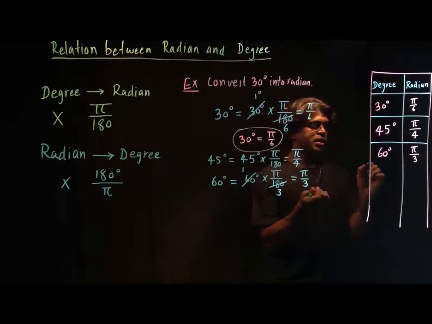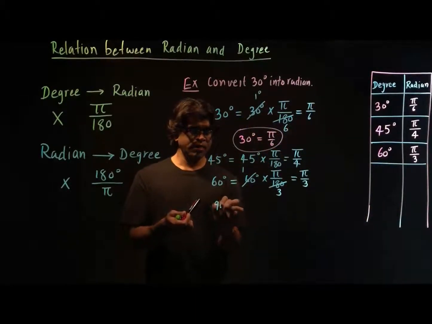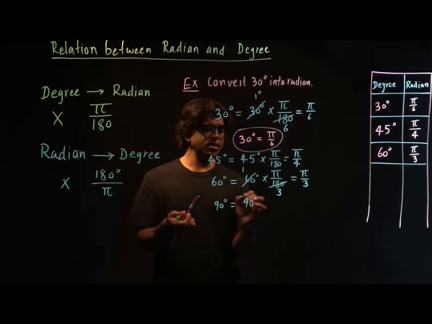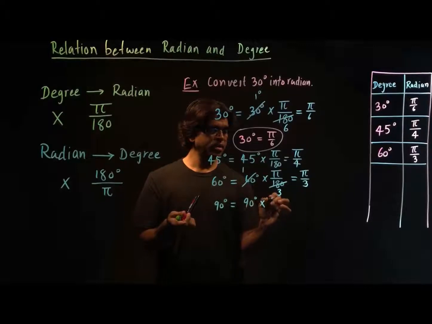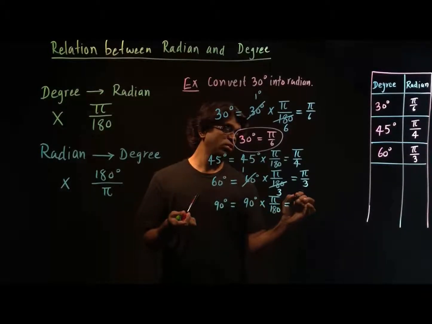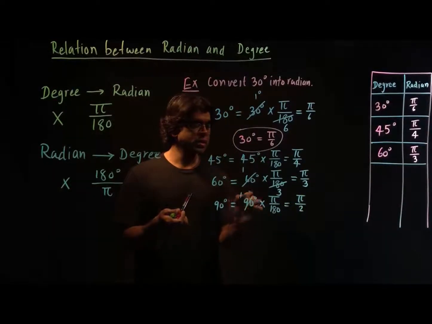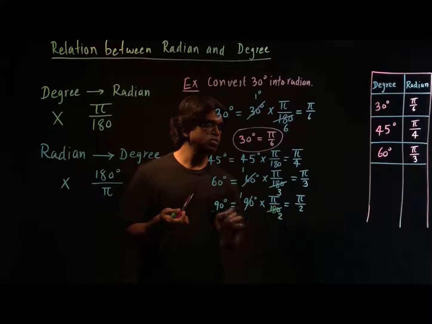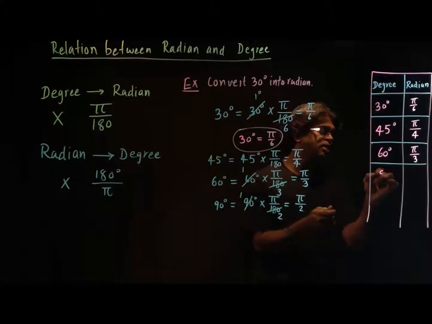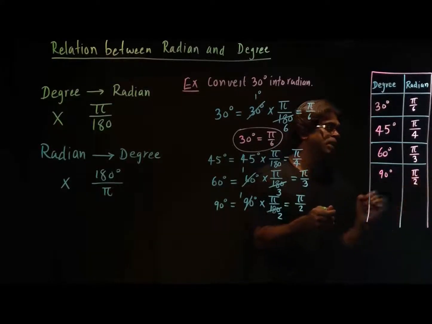Now, how about 90 degrees? If I have an angle of 90 degrees, I'll write 90 degrees times pi over 180, which is of course pi over 2. Why? Because 90 times 1 is 90 and 90 times 2 is 180. So 90 degrees is pi over 2 radian.